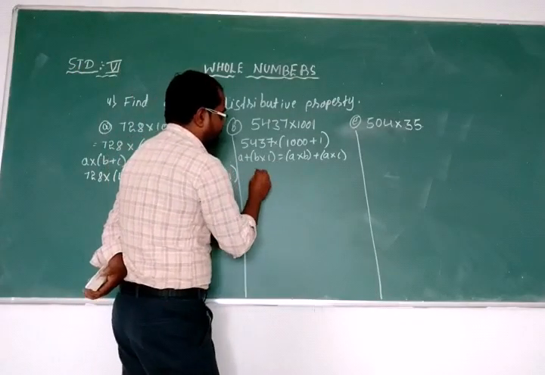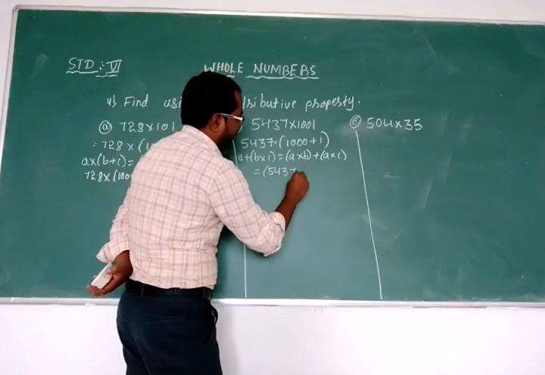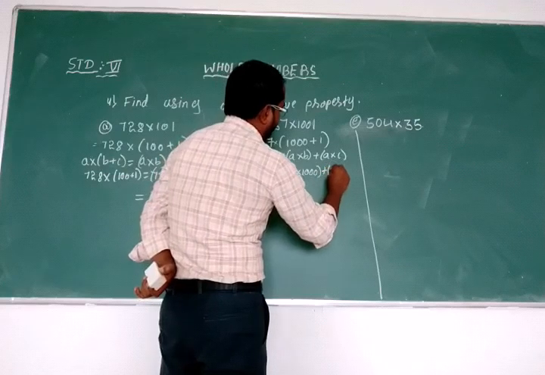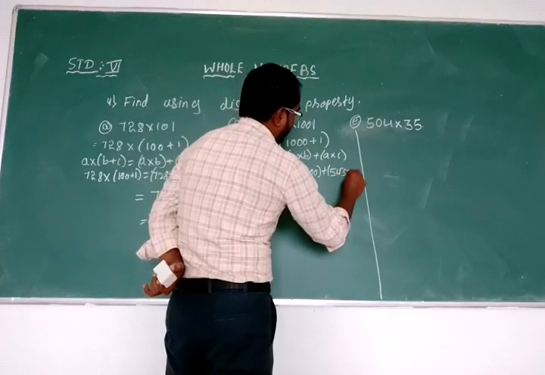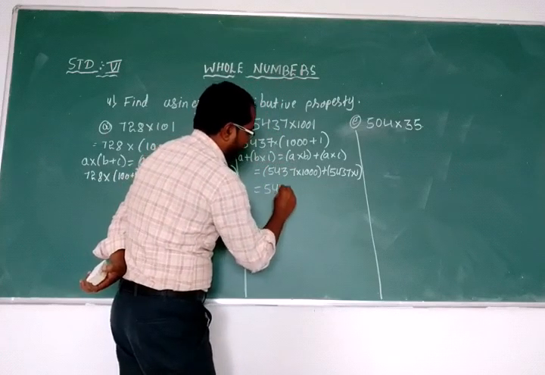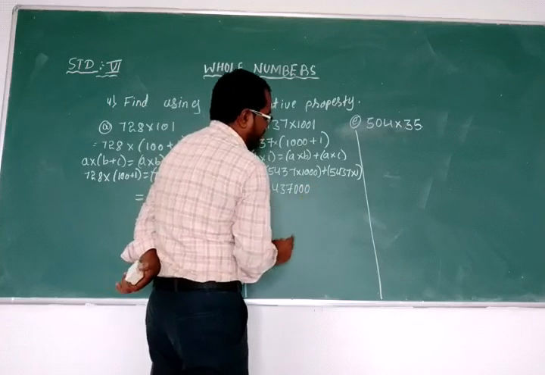So directly we substitute, that will become 5,437 into 1,000 plus 5,437 into 1. So 5,437, you write, there are 3 zeros at the right, write 3 zeros.